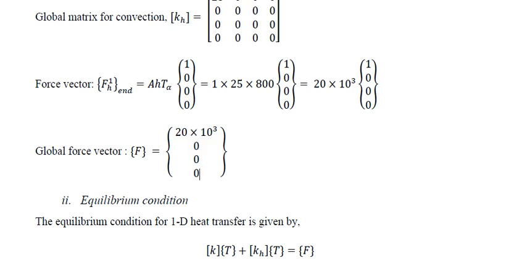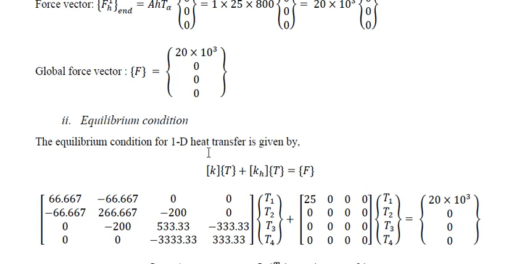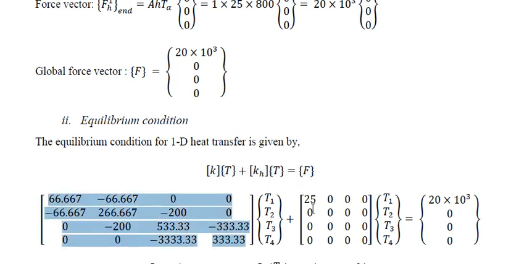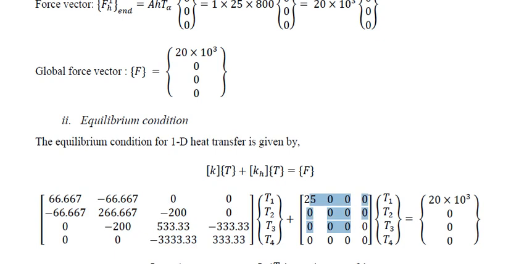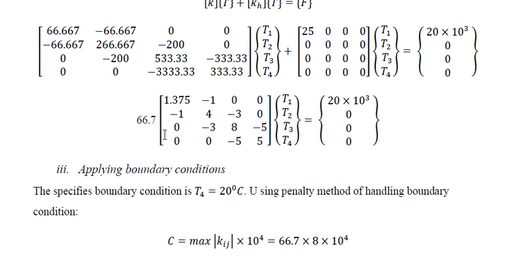Now further moving on into equilibrium condition. Equilibrium condition is K into T is equal to F. We can add, this is conduction matrix, this is convection matrix. We can add directly both of the things, so that now this is the addition of conduction and convection matrix.